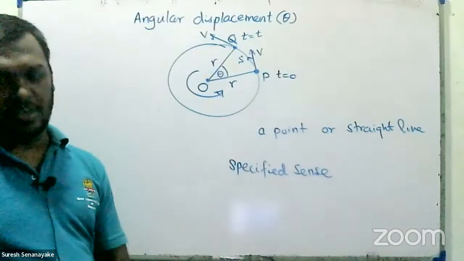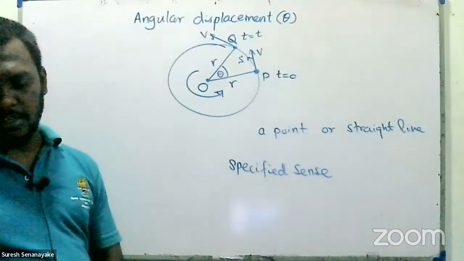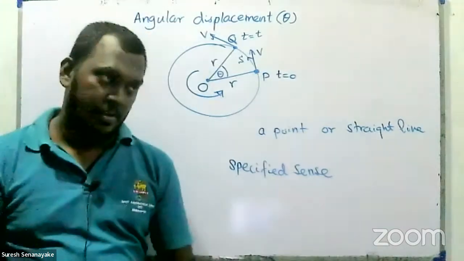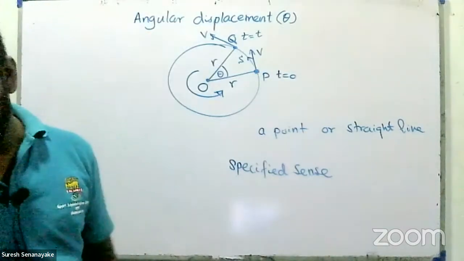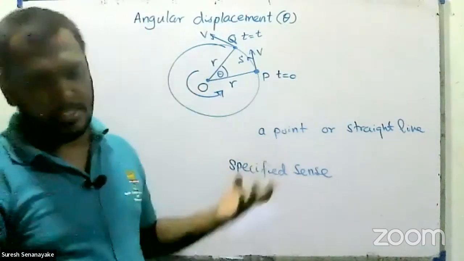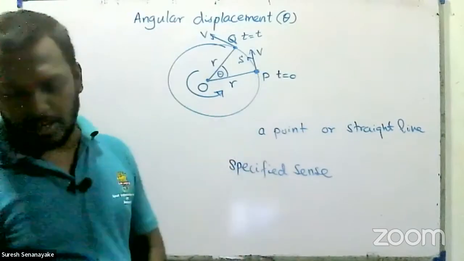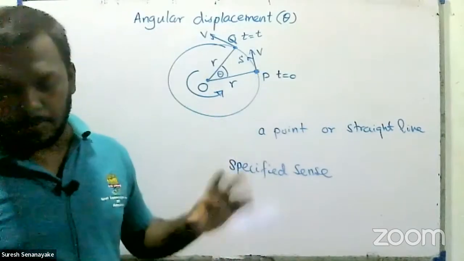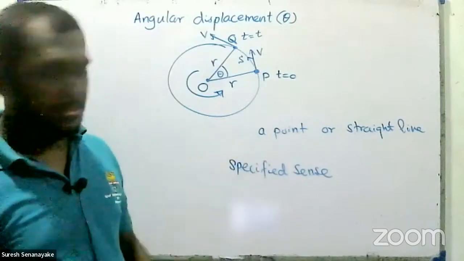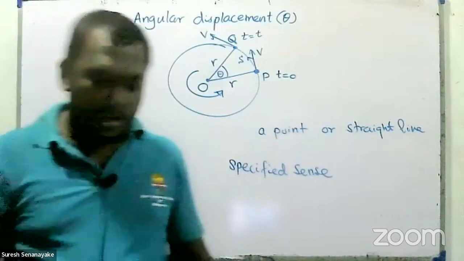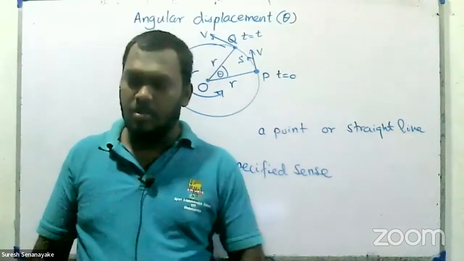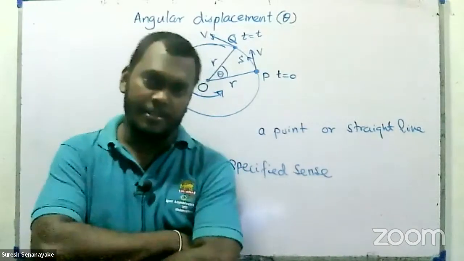Under that also write there: it is the angle of movement of a body in a circular path.